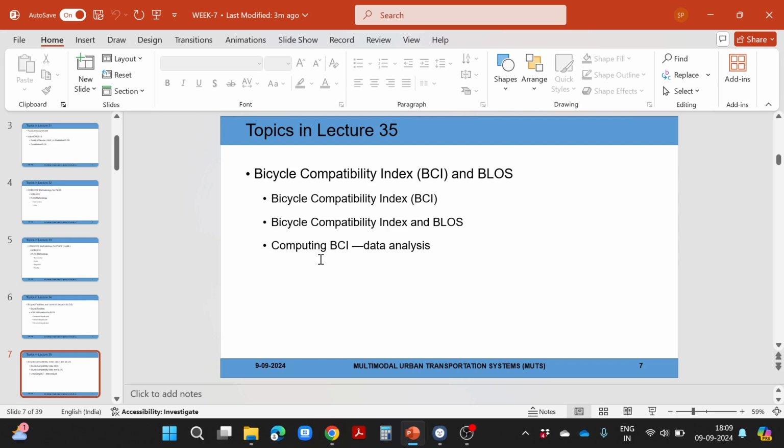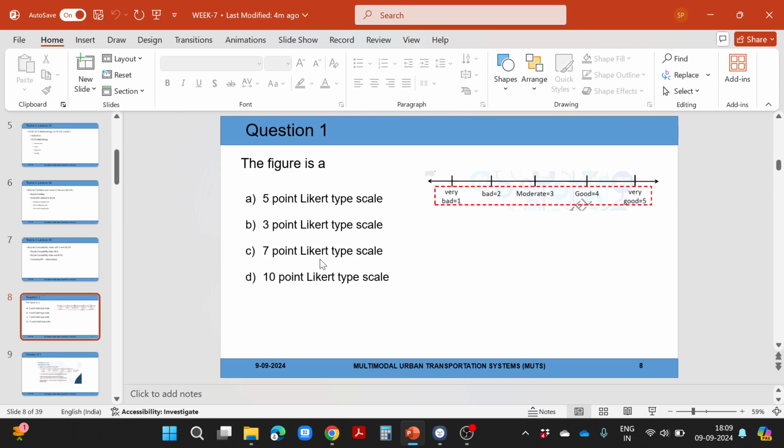Also, the bicycle compatibility index, whether the existing system can accommodate these bicycles or not. These things were also discussed in this lecture 35. So now let's proceed to the question and answers.